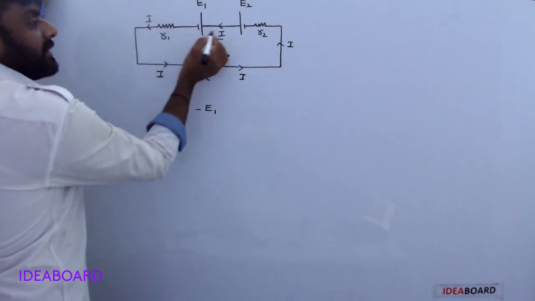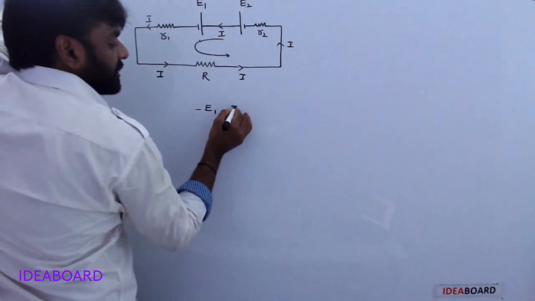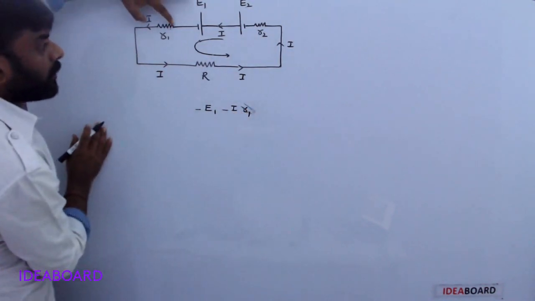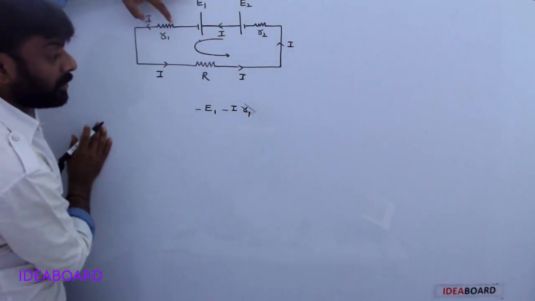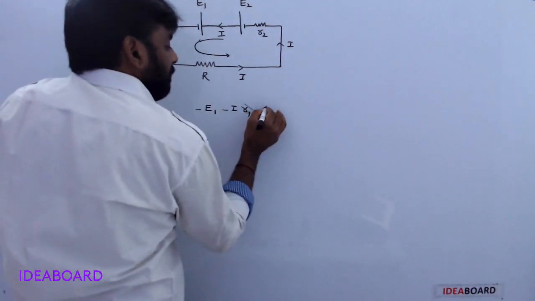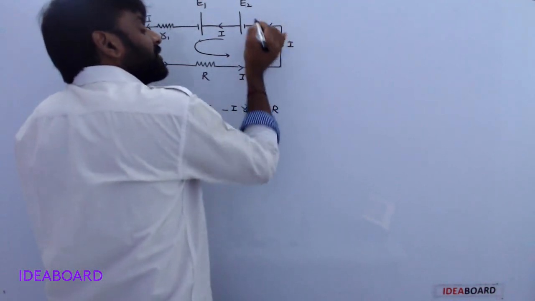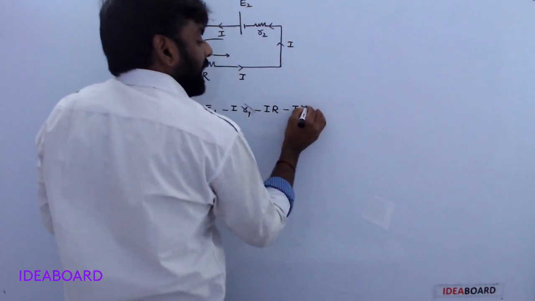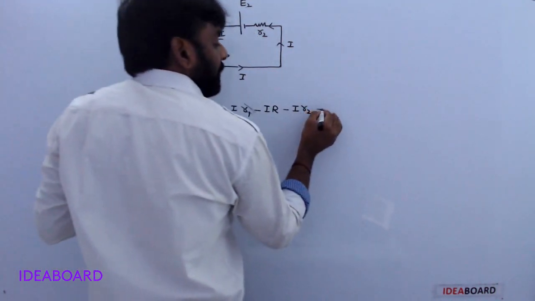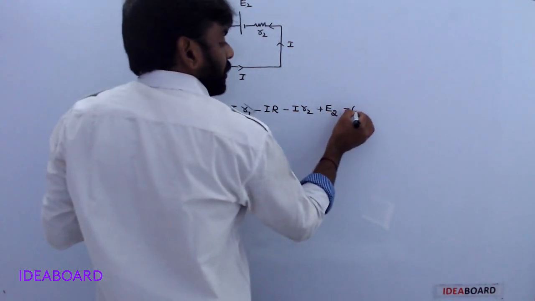Along the current direction, you are moving this way, minus I times internal resistance R1, so the potential drop across R1 is minus IR1. Next, along the current direction, minus IR. Again, along the current direction, minus IR2. Now battery EMF from negative to positive, so you are taking plus E2 is equal to 0.